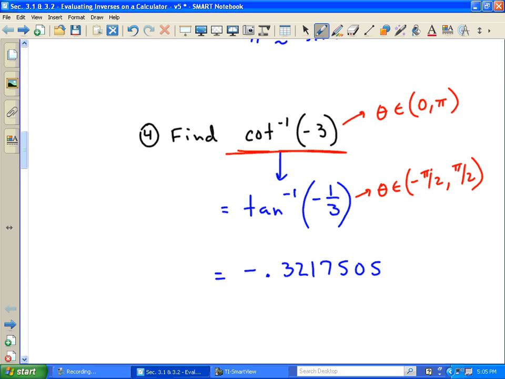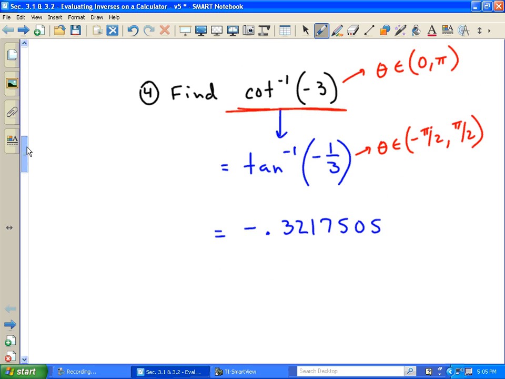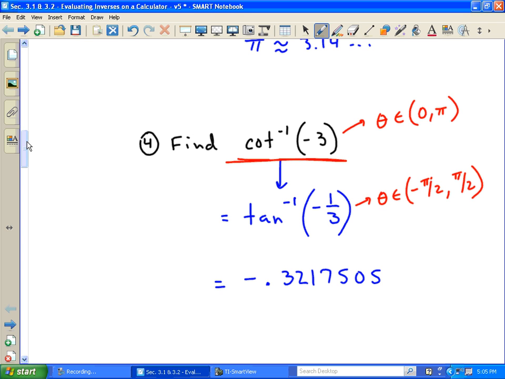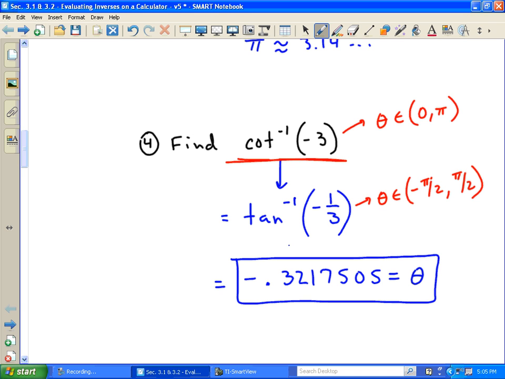Okay, now, that particular angle value, so remember that this is an angle. This value is not my answer because it's not in the proper interval from 0 to pi.